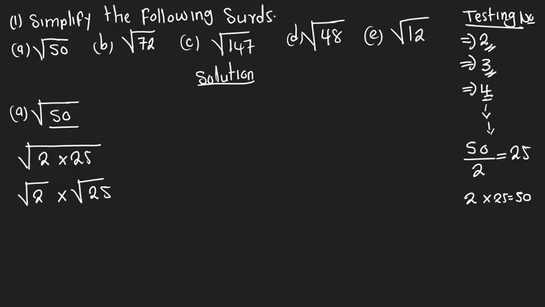This is still the same thing. So this can also be written as, what is the square root of 25? 5. Your final answer is going to be written as 5 square root of 2. That is the simplified form.